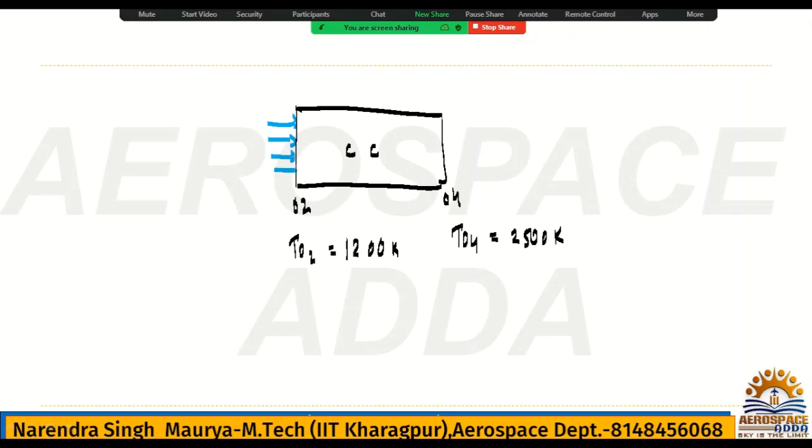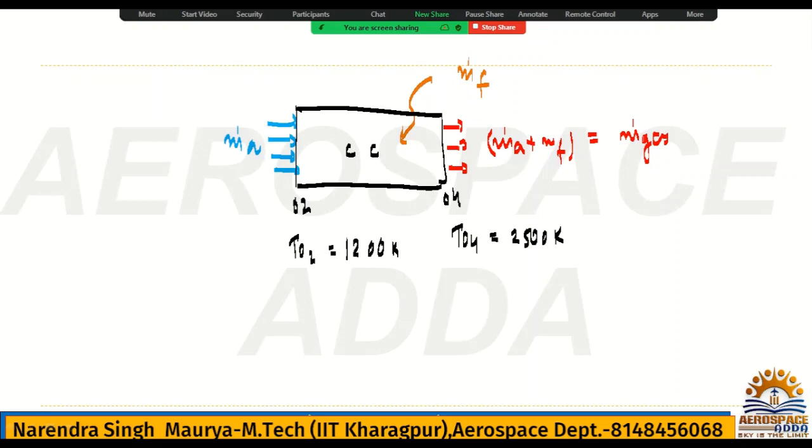Here mass of air alone is coming, and here fuel is being added, so this fuel is m dot f. And this combined will go at the exit. This combined is nothing but m dot a plus m dot f, which is m gas.